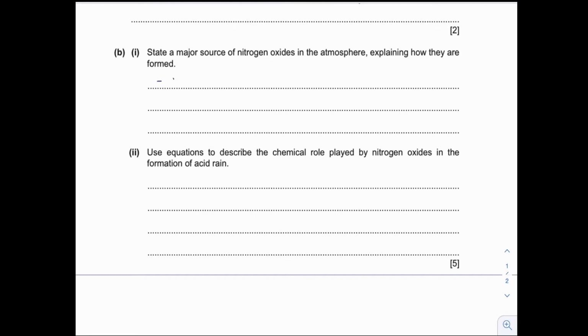It could be, number 1, car exhaust, or because of the hot engine, or we can say aeroplanes, or lightning, or we can say the burning of fuel, or power station.